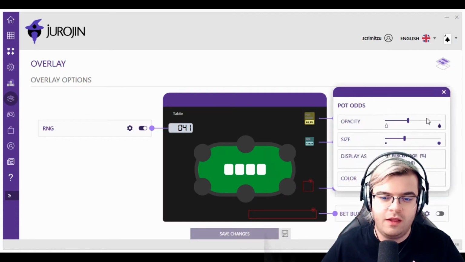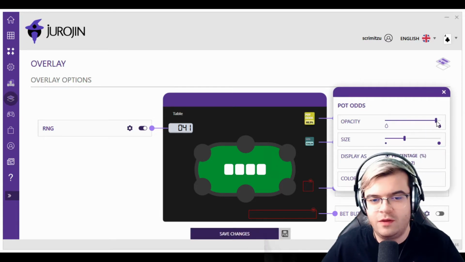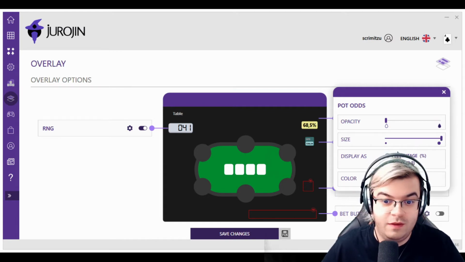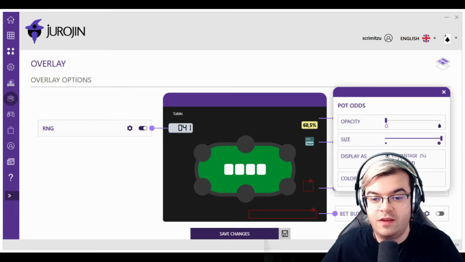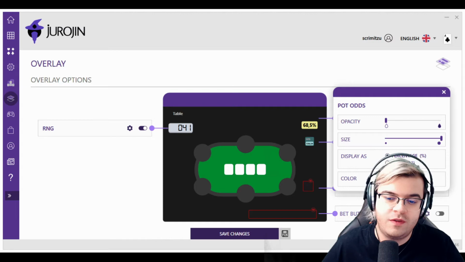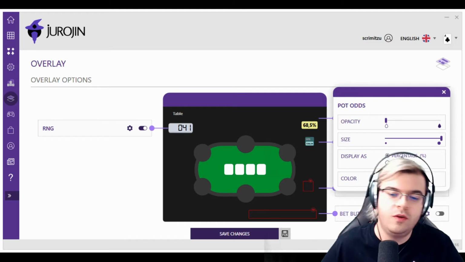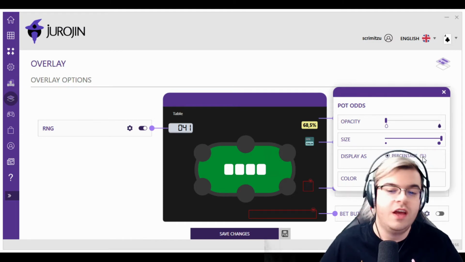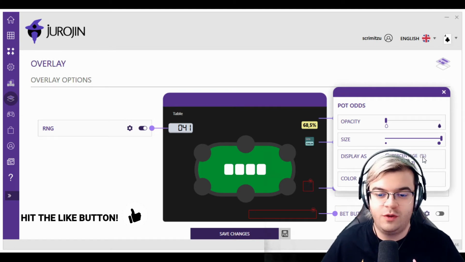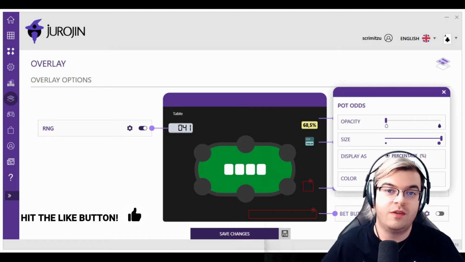You'll see this cog light up and you can change some options like opacity. I'd recommend taking the text out and just making it bigger so that you can see it easier. You can also display it as a percentage or a ratio. I know some US people prefer a ratio because that's how they learned it in school, while the EU mostly prefers percentage. Either way, just do whatever works for you and then change the color as you like.